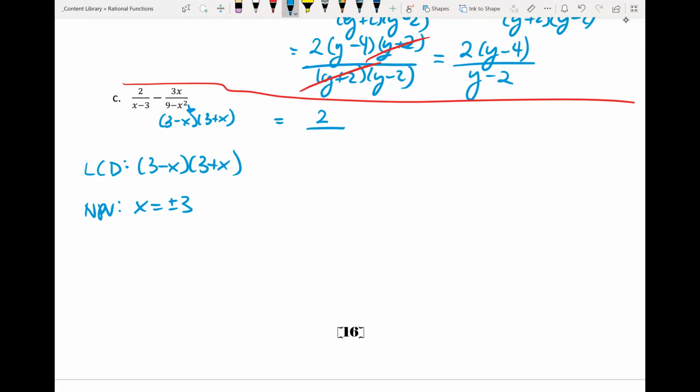So for our first rational, I'm just going to factor out a negative, and if I do that, I'm going to get a negative x plus 3. Now what I can do is just switch the spots of these, and that would be 3 minus x. And this is one of the parts of the LCD we need.